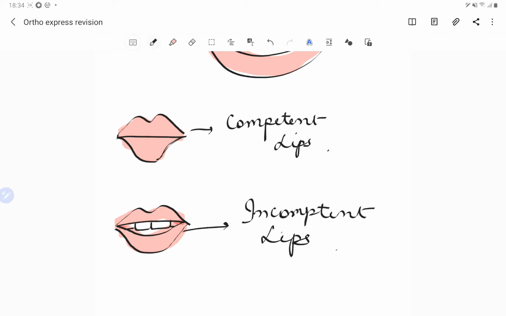They are morphologically short lips which do not provide lip seal. When the person is at relaxed state, there is no lip seal. So lip seal can be only achieved via the active contraction of the muscles.